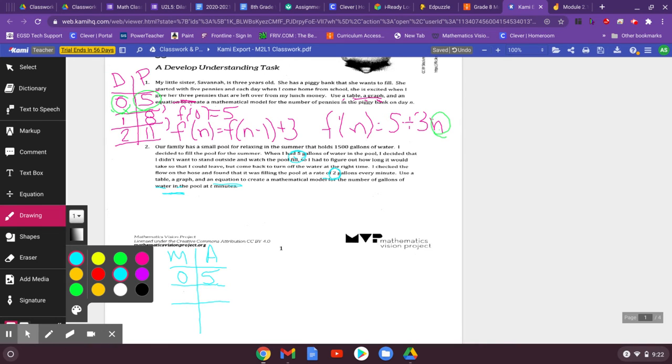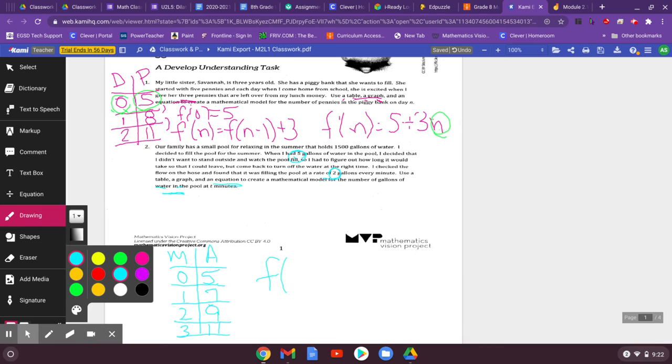At 1 minute, I've got 2 gallons more, so that puts me at 7. 2 minutes, 2 gallons more, 9. And we'll do one more down here. I think I can fit it. 3 and 11.